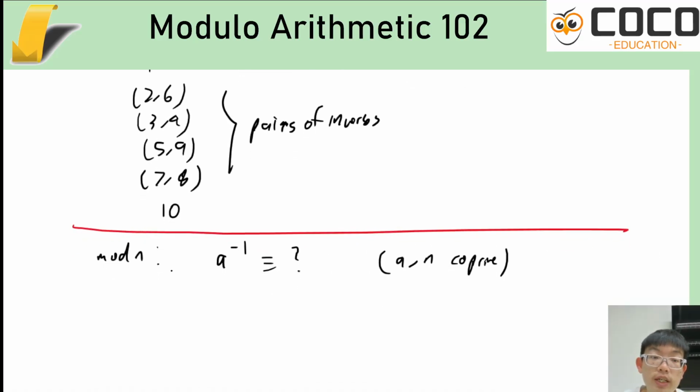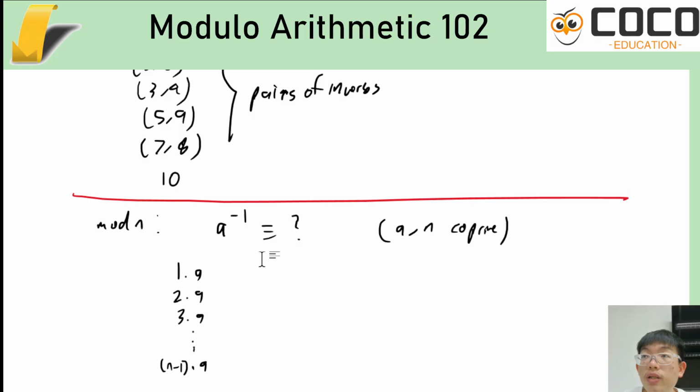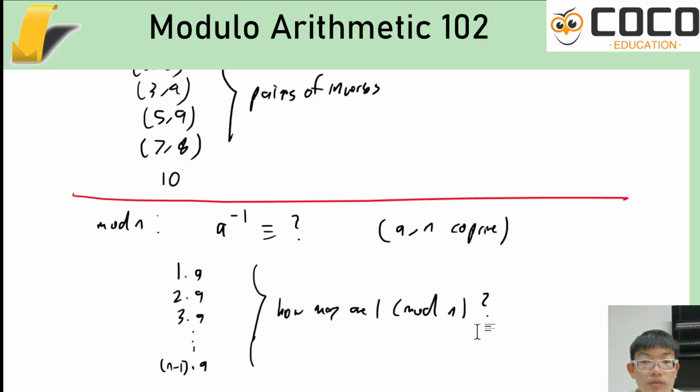So I'm going to look at 1 times A, 2 times A, 3 times A, and so on until n minus 1 times A. These are all the candidates for potentially one of these to be 1 mod n. Let's just put 0 times A for completeness' sake.